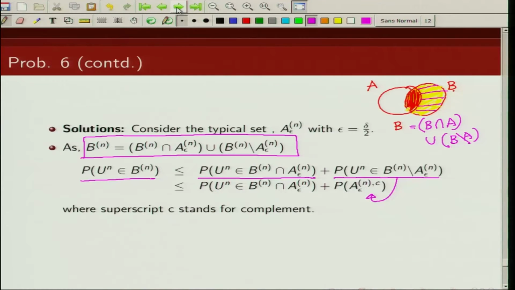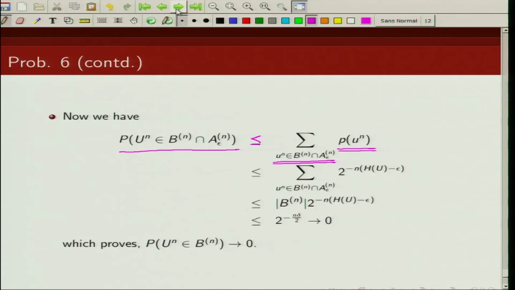So the probability can basically be upper bounded by 2 raised to minus n H(U) minus epsilon, summing over this particular set. Now when I sum over this particular set, I can write this as less than or equal to the cardinality of this set multiplied by this probability.